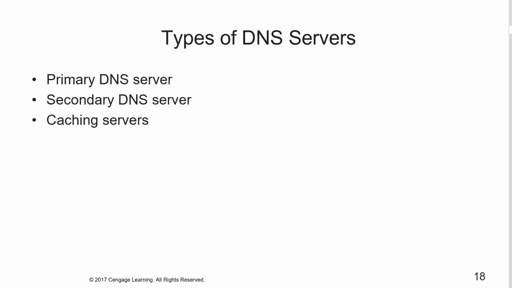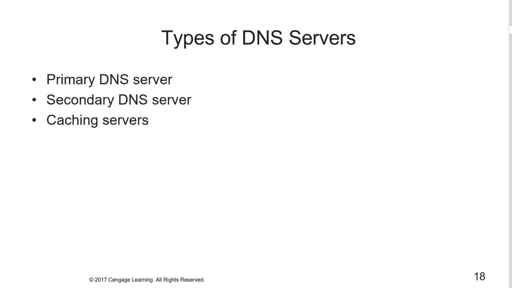So there's three main types of DNS servers. You have your primary DNS server, your secondary DNS server, and caching servers. So this can be, I guess, a bit confusing. DNS servers are also called name servers. The distinction between the master and the primary DNS servers can also be confusing.